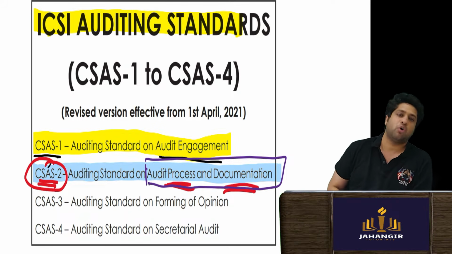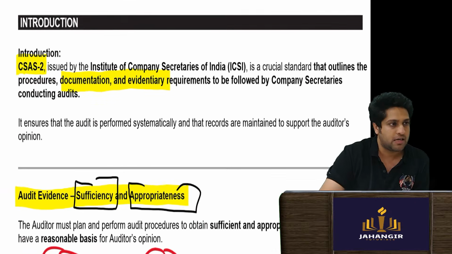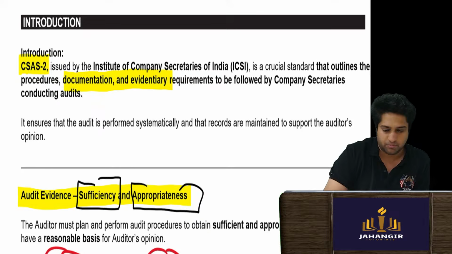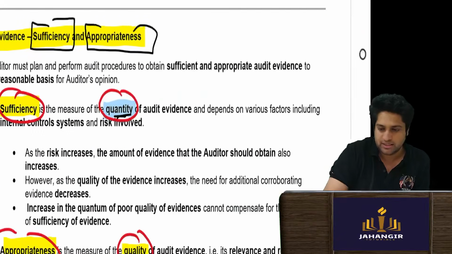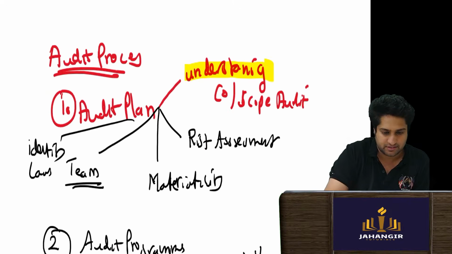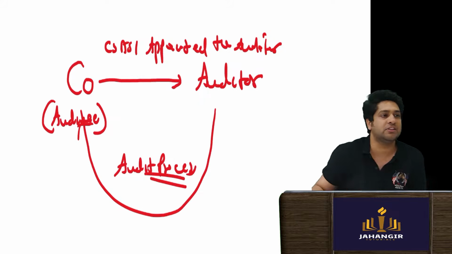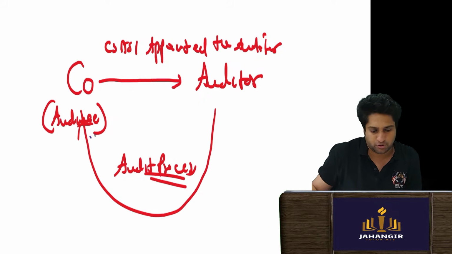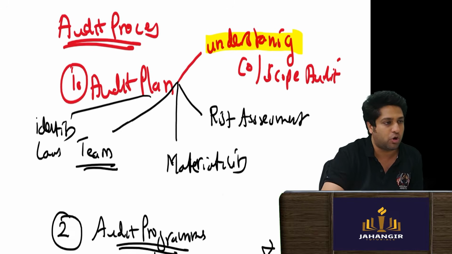So what do you think will be covered in the chapter? In my opinion, let me say what they should really cover in the chapter, and then we will see whether it is there or not. Once we appoint the auditor, then the process starts. Now, what all will be there?